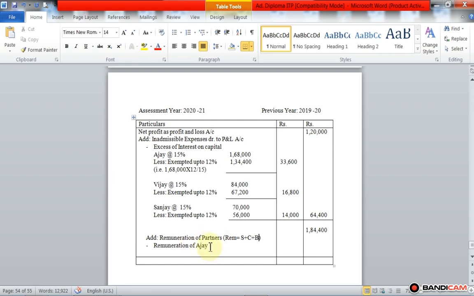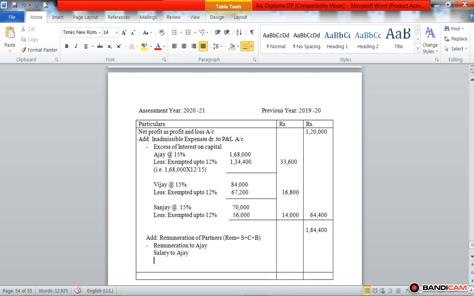So remuneration to Ajay is equal to salary to Ajay plus commission to Ajay plus bonus to Ajay.